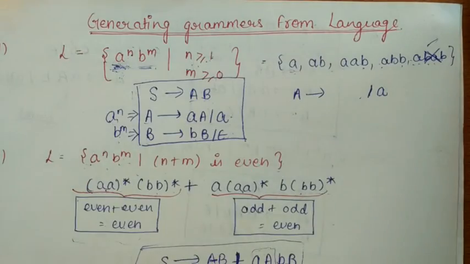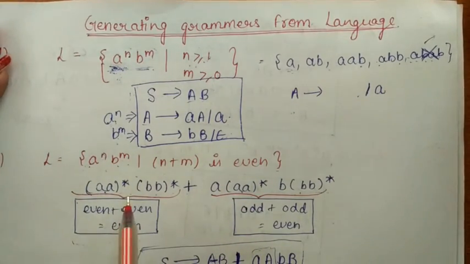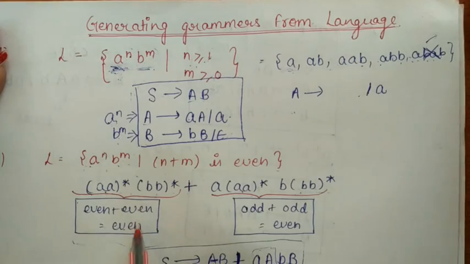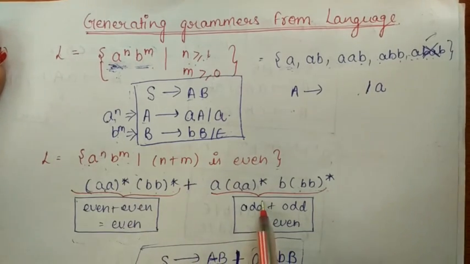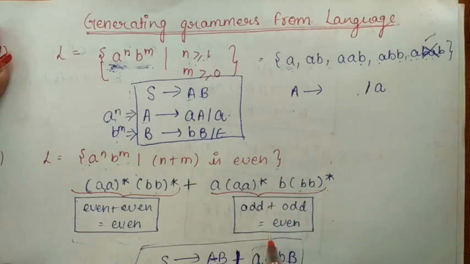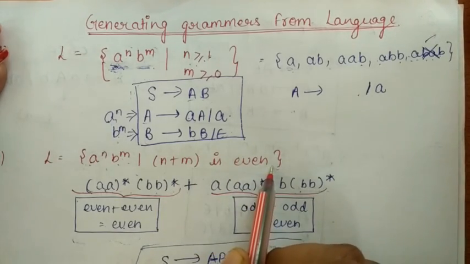In maths you have learned that if you add even numbers, means 2 plus 2, 2 is even, so you will get an even number. If you add odd numbers, means 7 plus 7, you will always get an even number. Now the total length of the string should be even.